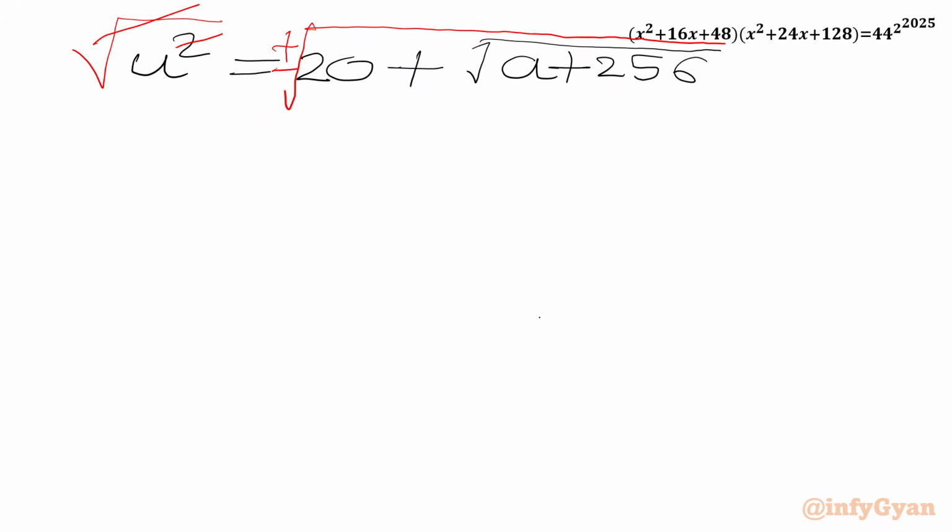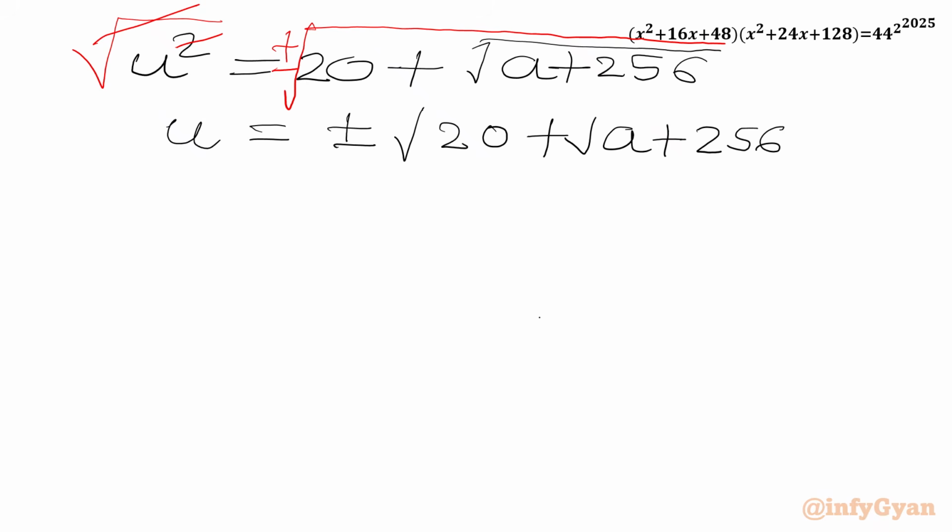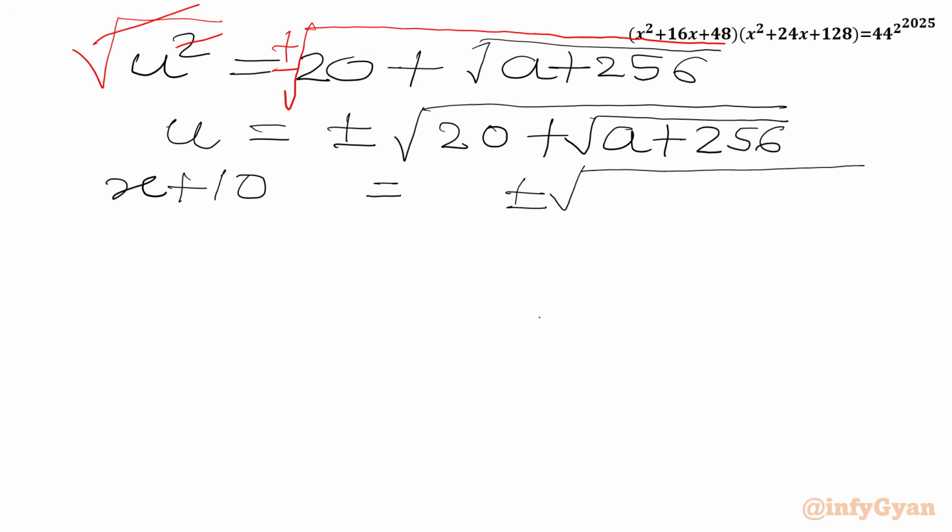Now the square root and square cancel on the left hand side. We write u equal to plus minus the square root of 20 plus the square root of a plus 256. Now u was our substitution, x plus 10. So x plus 10 equal to plus minus the square root of 20 plus the square root of a plus 256.